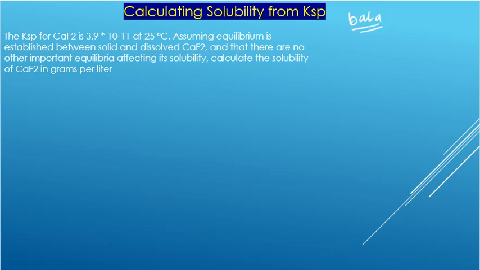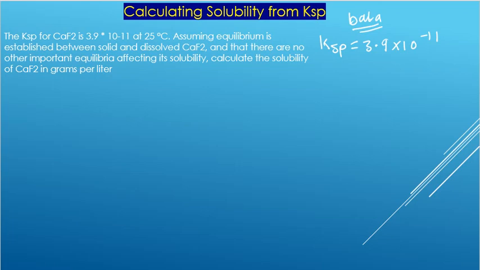Okay, so we have been told that our KSP in this case is just 3.9 multiplied by 10 to the power negative 11 at 25 degrees Celsius.